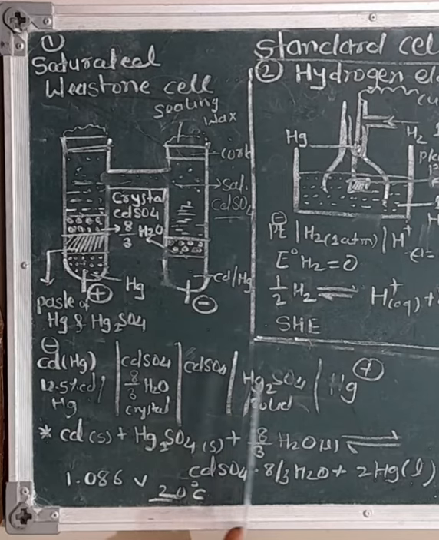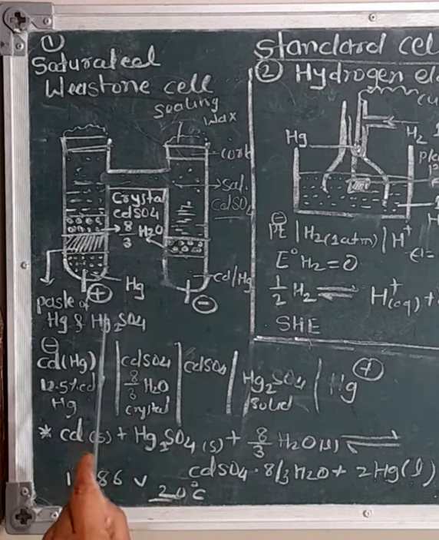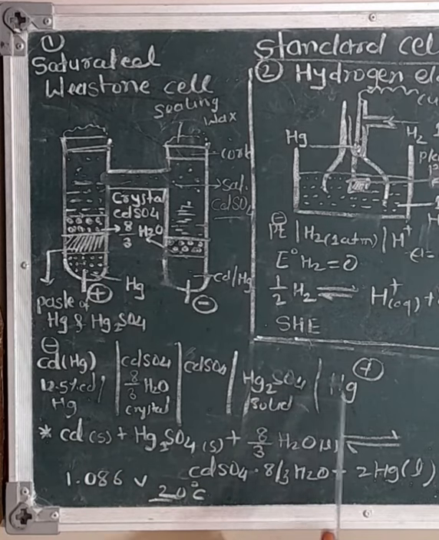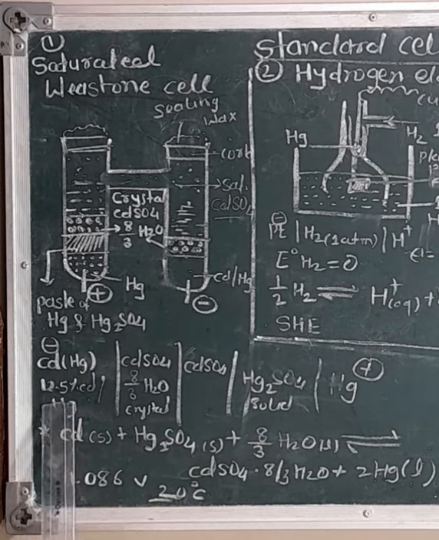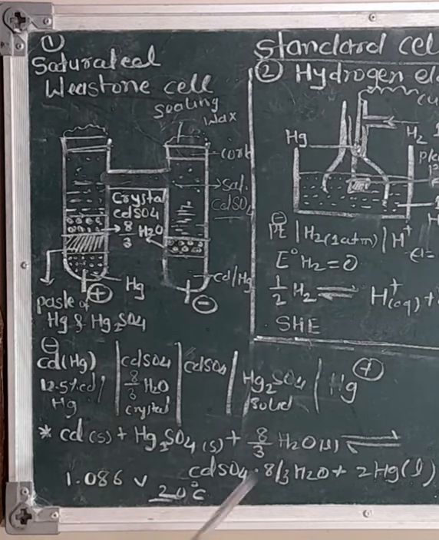Now here is the direct contact with the Hg2SO4 solid and with the mercury of the cathode. So this is the very standard representation of the Weston cell.